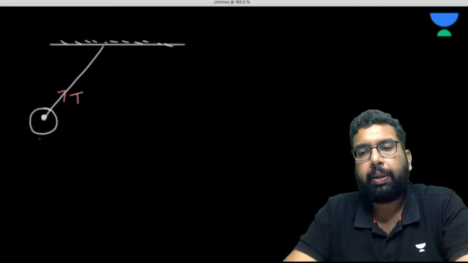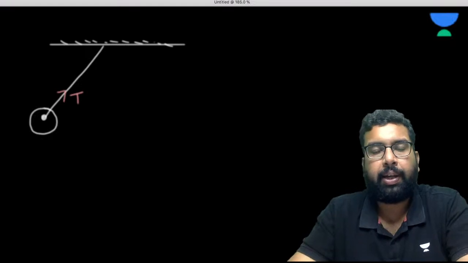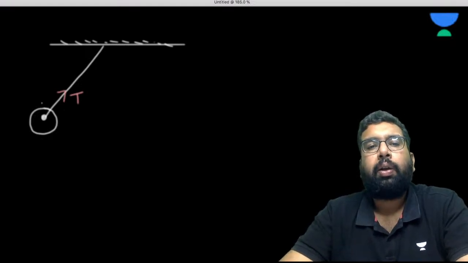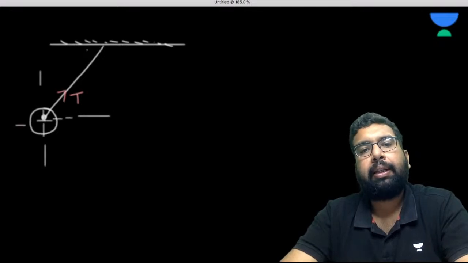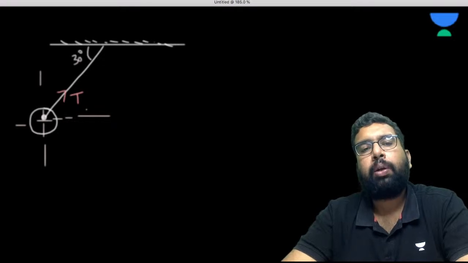Wonderful. Now please understand this. So we have this T. If I say this angle is 30 degrees, can you get me the components of this tension in the x and y direction?